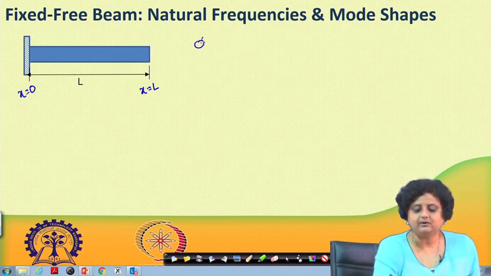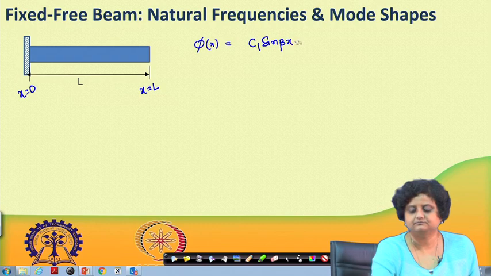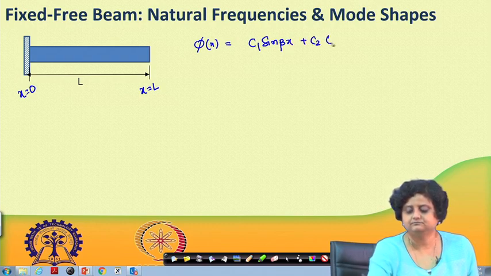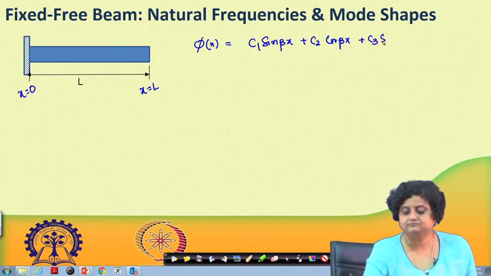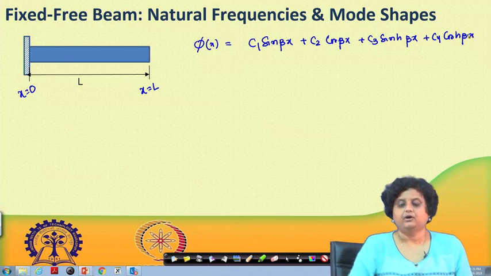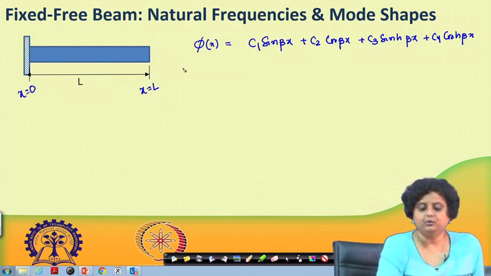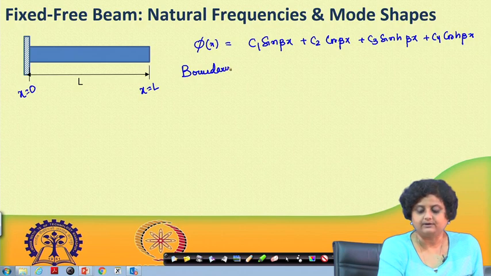So, let me write down the generic expression for phi x, which was C1. This is the expression that I have. Now, I have to impose the boundary conditions. So, let us look into what are the boundary conditions.